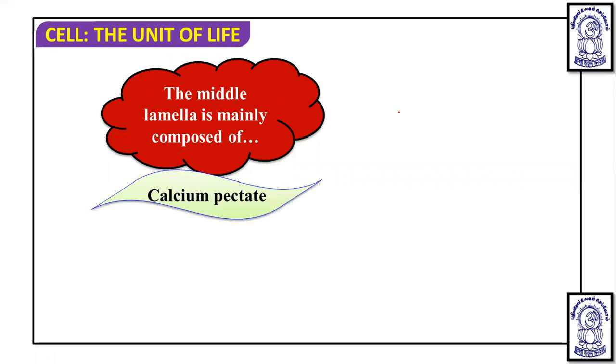So if we see here, suppose this is the two cells, and this is the primary cell wall. This is the primary cell wall, and here you will see the primary cell wall of another adjacent cell, and between them you will see the presence of the middle lamella.